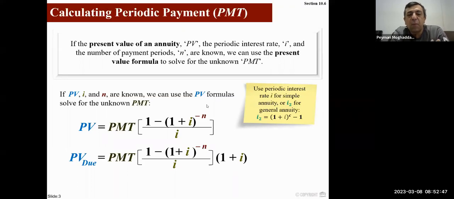But if you put money in the bank as an investment and you want to withdraw it at the end of the annuity period, then it's going to be investment. It's going to be future value. Okay. So present value are all about loan and any money that you put in the bank and you want to withdraw from it, right? So that's a present value problem.